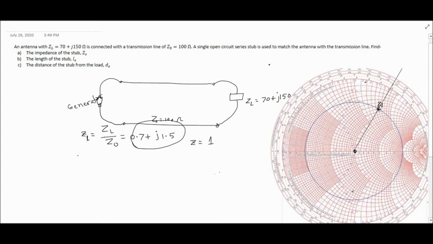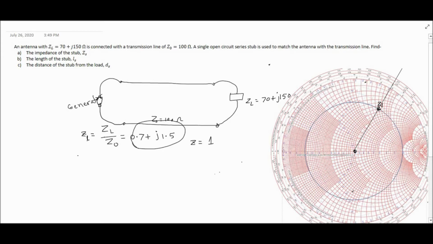What will be the coefficient of the reflection, or reflection coefficient? So the radial distance from center to the load indicates the reflection coefficient. So now, how can we do that?